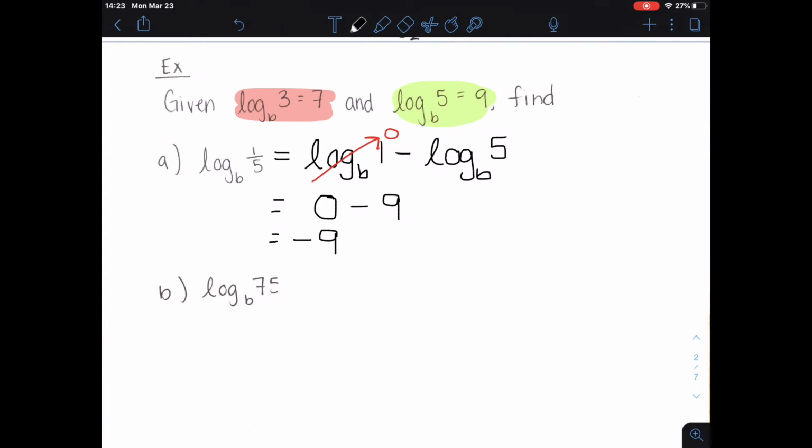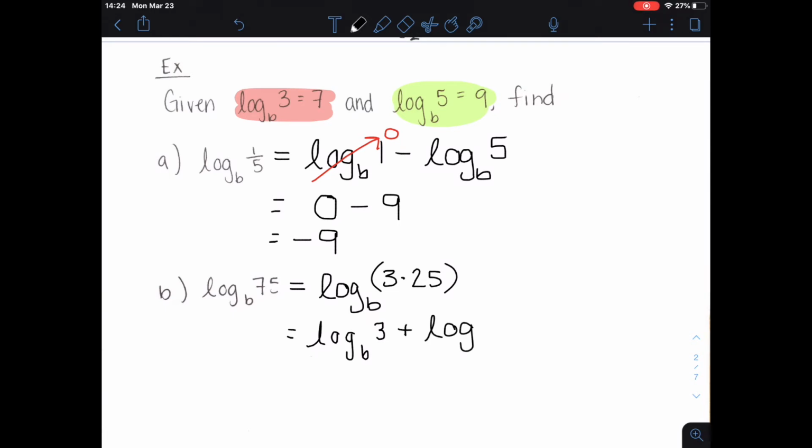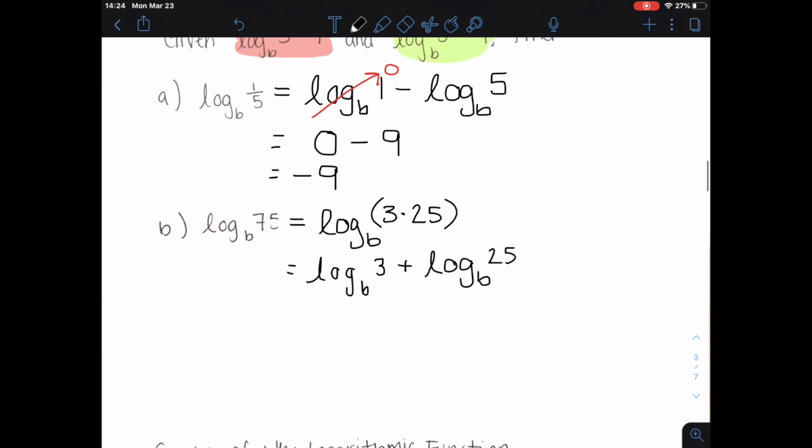So we want to do the same type of thing for the next one. I don't know about 75, but maybe I could break this down to have a 3 or a 5 in there. So the first thing we can notice is 75 you can write as 3 times 25. Okay. And now with that multiplication, you can break it apart as addition. So it's log base b of 3 plus log base b of 25. And we know what log base b of 3 is.